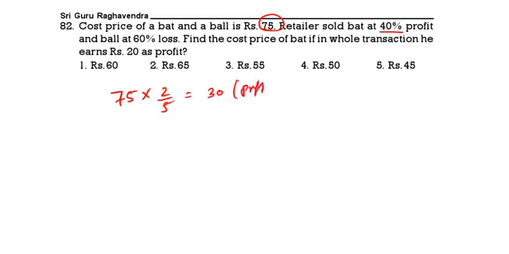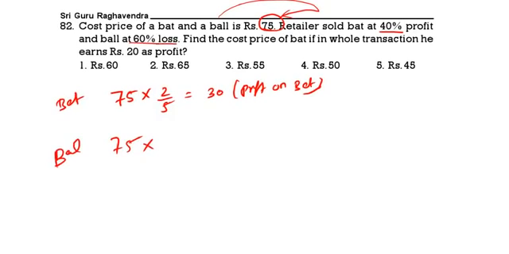Suppose you assume that the cost price of the ball is 75. Now this is about bat, now this is about ball, and we are having the loss of 60%. So loss of 60% means 75 into 3 by 5, that will give 45.